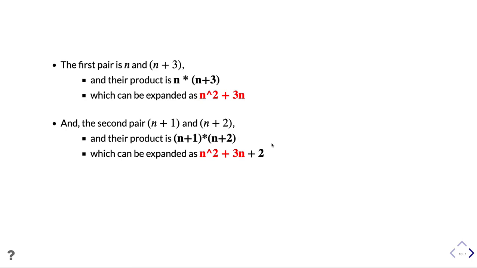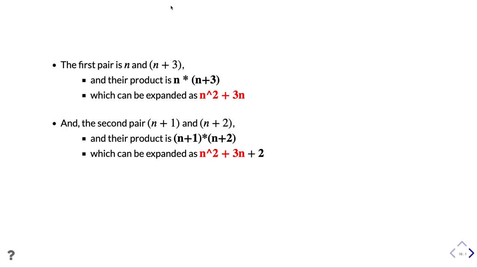Again, their product is n plus 1 into n plus 2, which can be expanded to n square plus 3n plus 2. The thing which I've highlighted is the common part. And remember, we wanted the products to only differ by a constant which is independent of n. And we see this is happening. The two products have the part n square plus 3n common, and they only differ by the number 2.